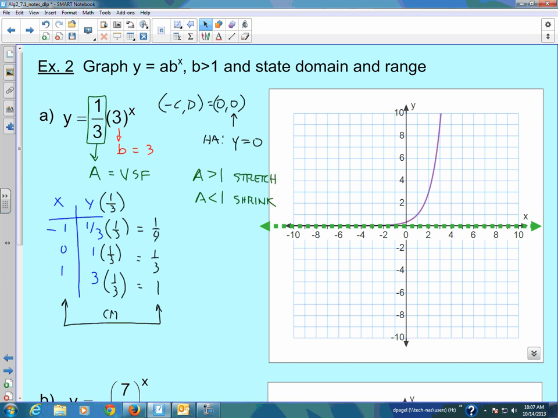It's kind of hard to see the shrink, but again, if I compared to my parent function, for example, I would have been going through here, right? The value of y equals 3 to the x would have gone there, and then my graph would have just looked something like that. That would have been y equals 3 to the x as a comparison for what we did with the 1/3 we shrunk it.